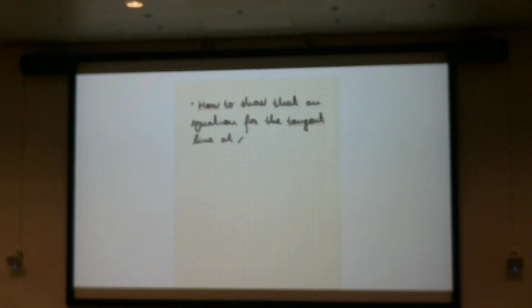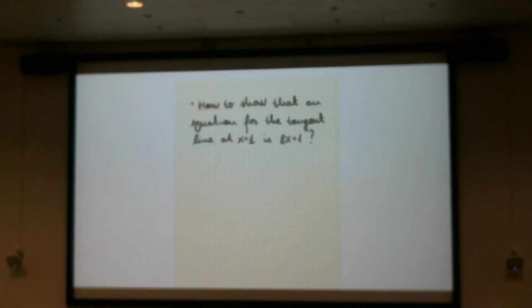So that's the question for this example: how to show that an equation for the tangent line at x equals 1 is 8x plus 1, for that specific function?